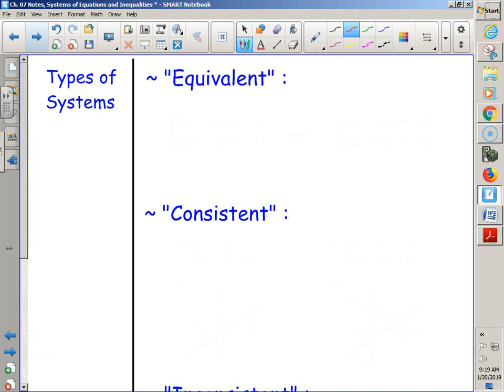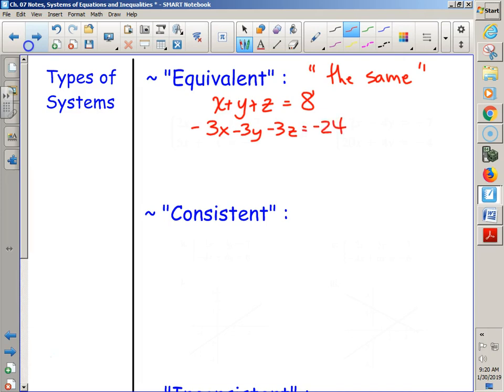But what are some weird things that happen? You guys have seen the word equivalent before. What does equivalent mean? Something is equivalent: almost the same, basically the same. And in math, we'll say the same. Can I give you an example of the same? Why are those the same?